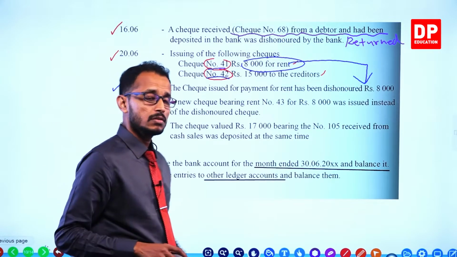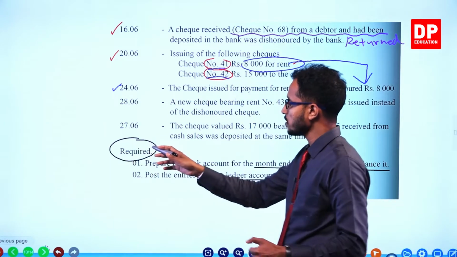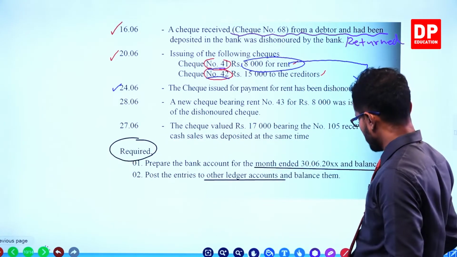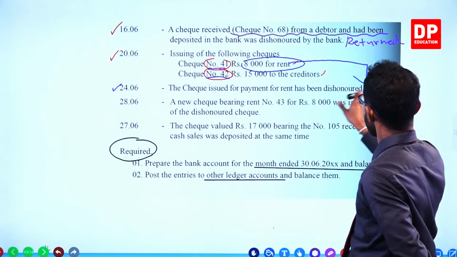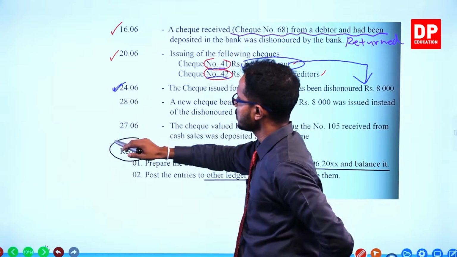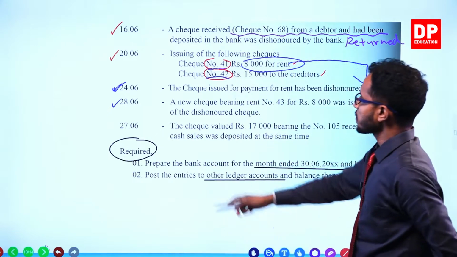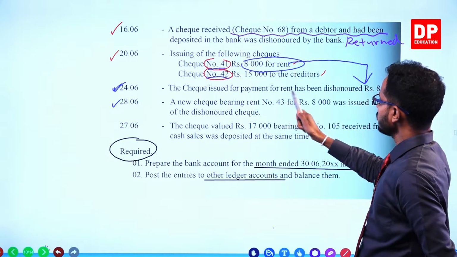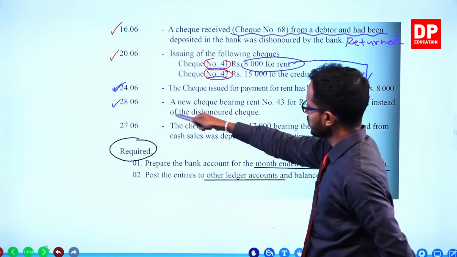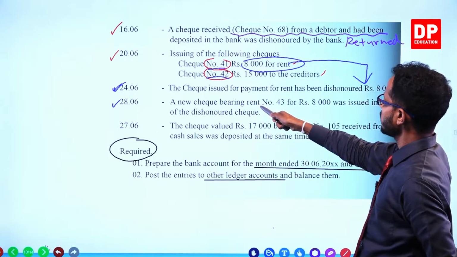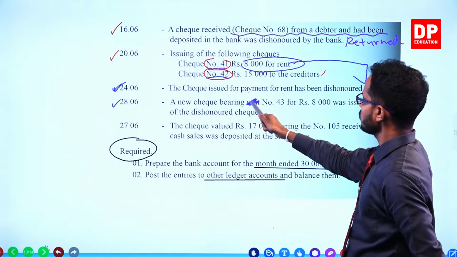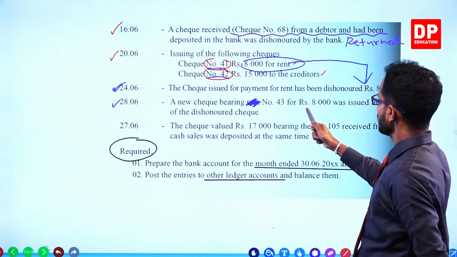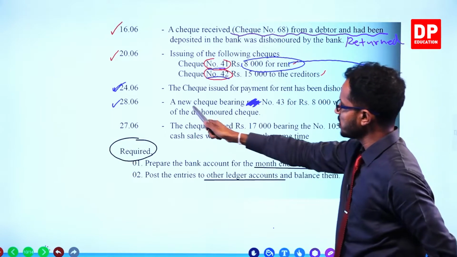Are we done? All the transactions finished? No, we just did this and we ticked it. Next, 28. A new check bearing check number 43, 8,000, was issued instead of the dishonored check.